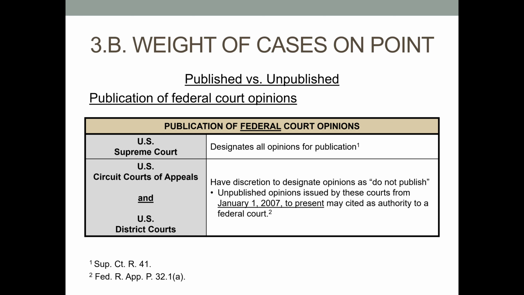And so under the Federal Rules of Appellate Procedure, unpublished opinions by these two courts may be cited as authority to federal courts if the opinions were issued from January 1st, 2007 to the present. If an unpublished opinion is earlier than January 1st, 2007, it may not be cited as authority to a federal court.